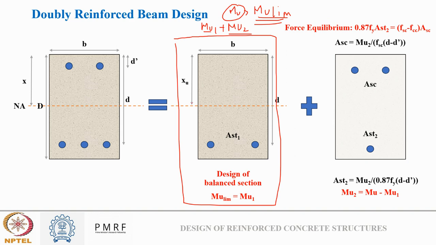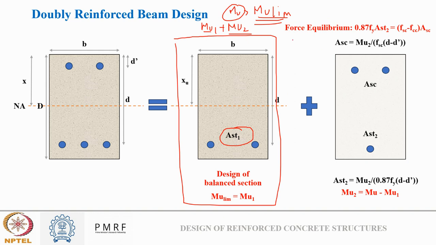The first part is a singly reinforced beam, a balanced section design. So here Mu1 is equal to Mu limiting, and for this we can design the beam as a balanced section. We can get the initial area of steel as Ast1.